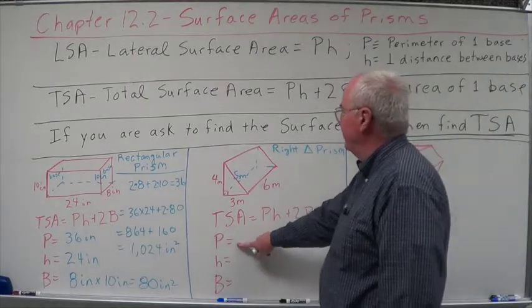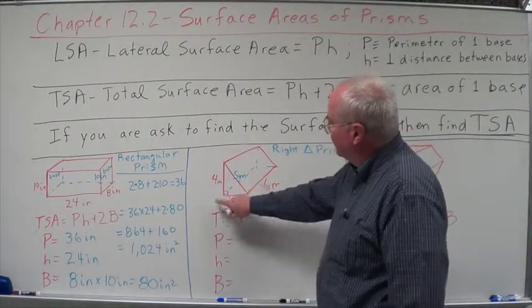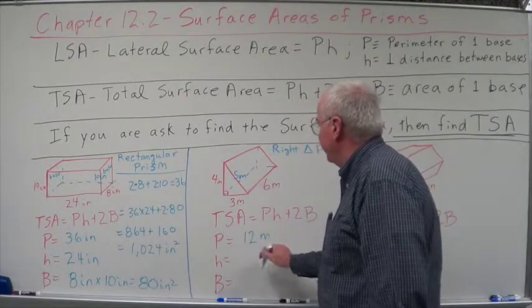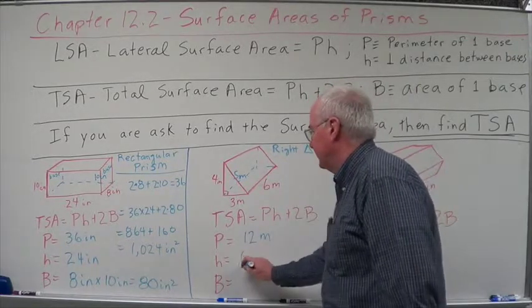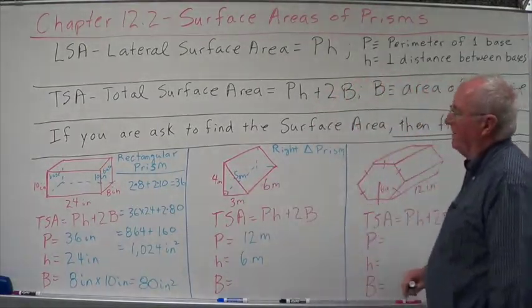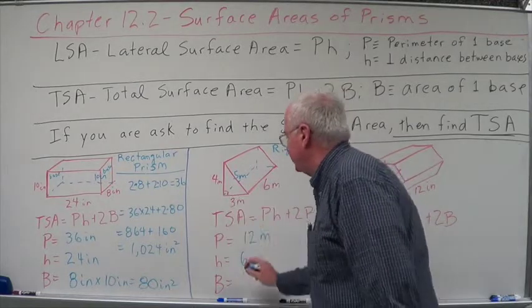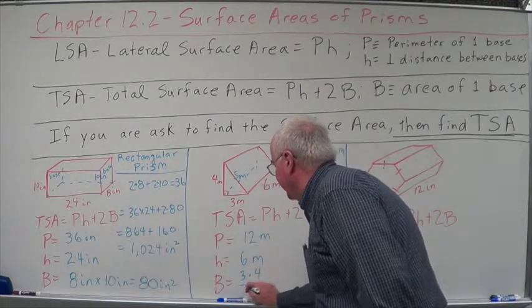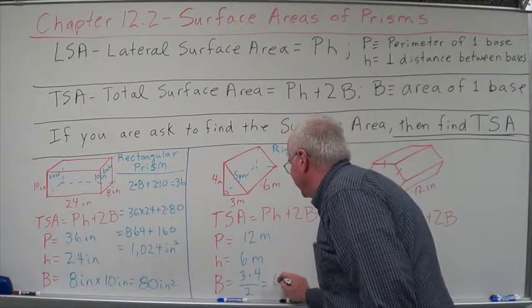So what is my perimeter of my base? It's the perimeter of my triangle. 3 plus 4 is 7, plus 5 is 12 meters. What's the height? Distance between the 2 bases. Now, what is the area of the base? Well, that's 3 times 4 divided by 2 equals 6.